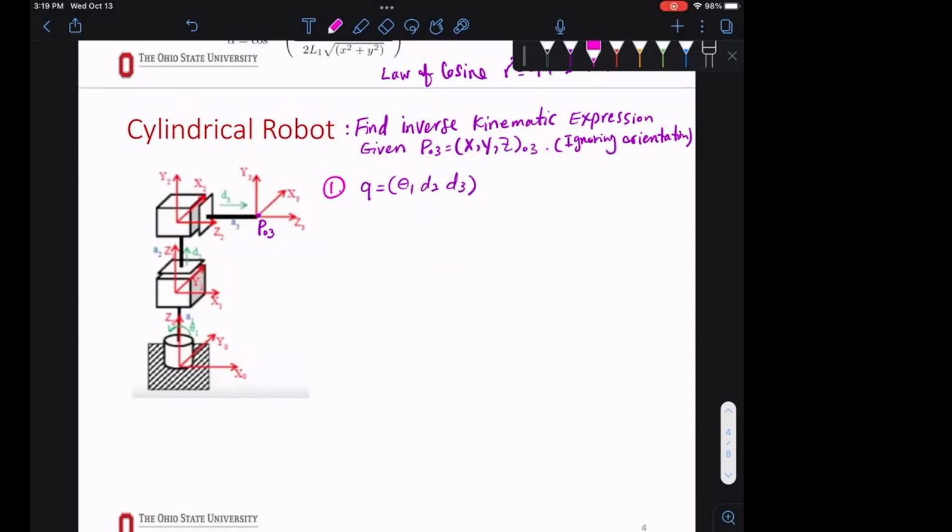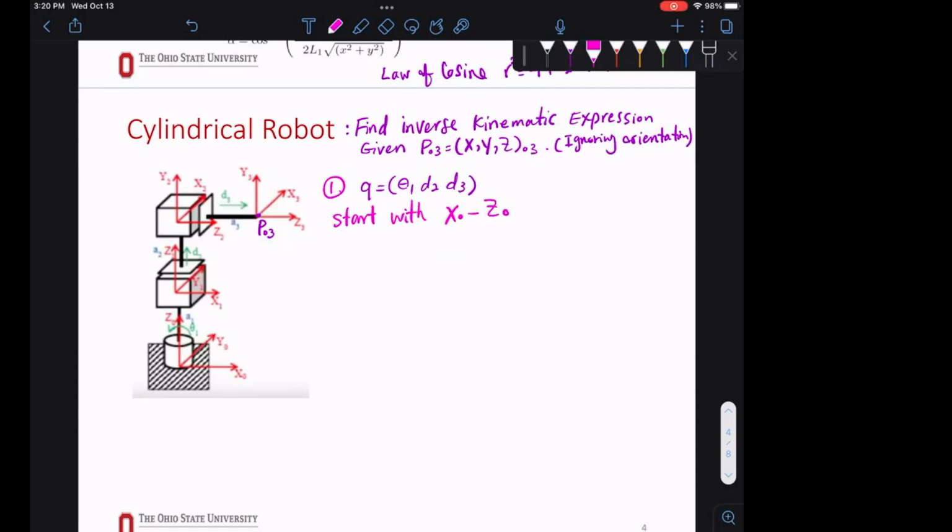Then we're going to use trig to find this. If you look at the plane, I started with X0, Z0. So this is your X0, Z0 plane. If you're looking from this side, you're looking sideways.